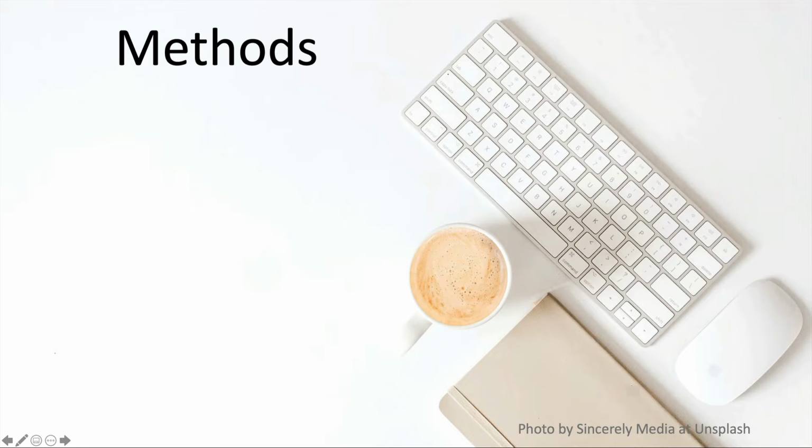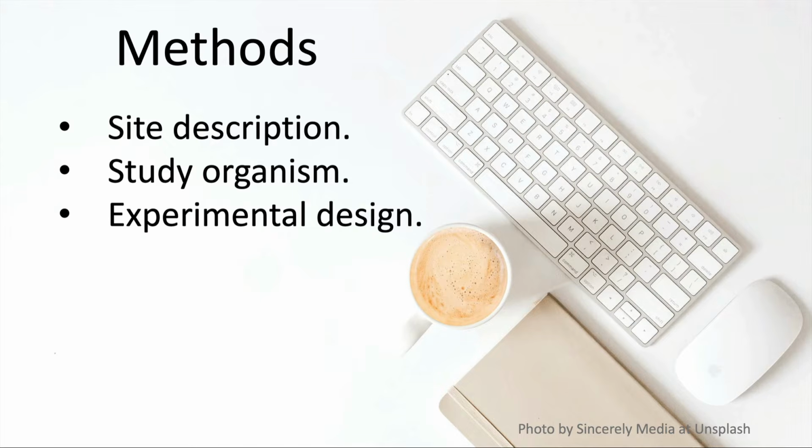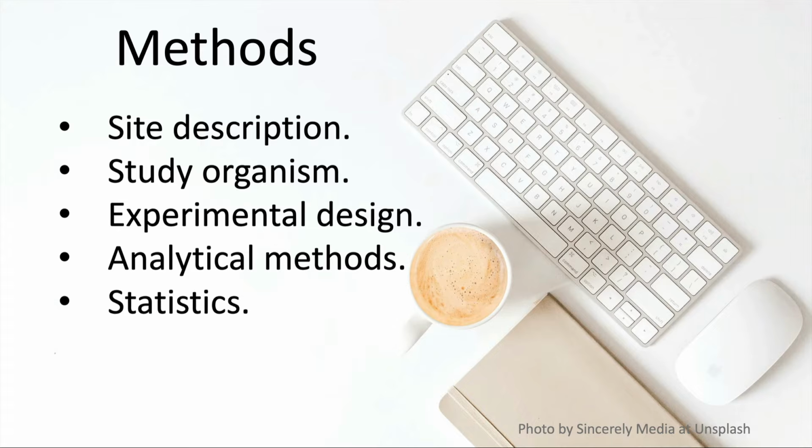The methods section can be divided into subsections with helpful headings: site description or experimental facility, study organism, experimental design, analytical methods, and statistics. This section is typically written in past tense.